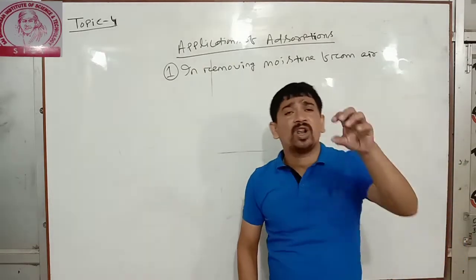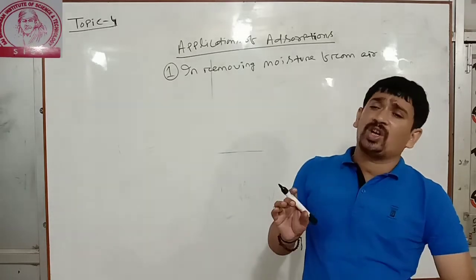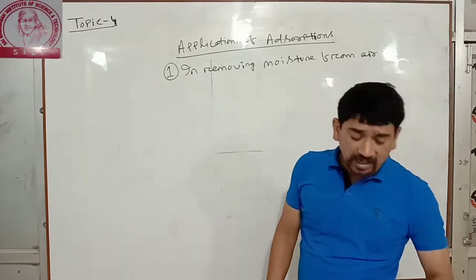Silica gel or aluminum gel is used to remove moisture and in controlling humidity in air.